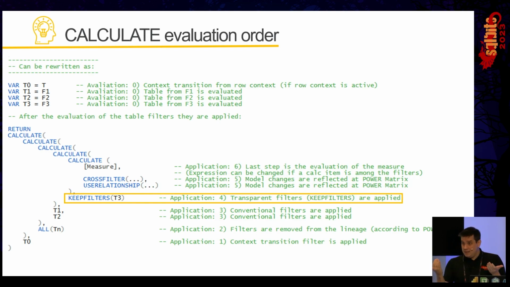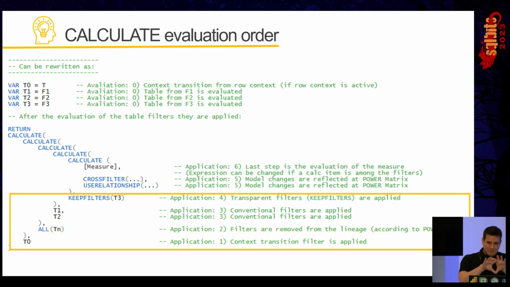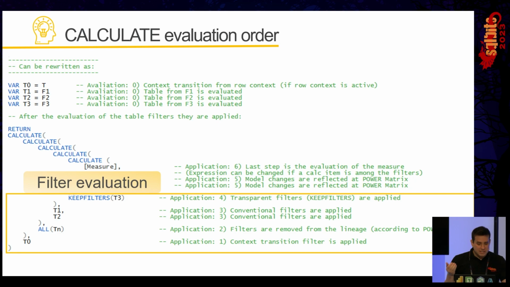It is applied, but it does not block any previous filter that might have been applied to that lineage. So KEEPFILTERS is like a transparent filter. Just add that filter, not block or change completely that filter. And this finishes the part where we do the filter evaluation.